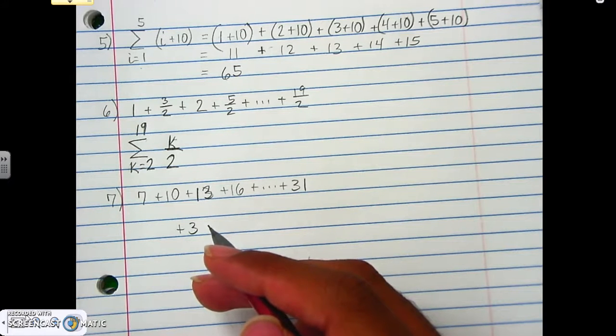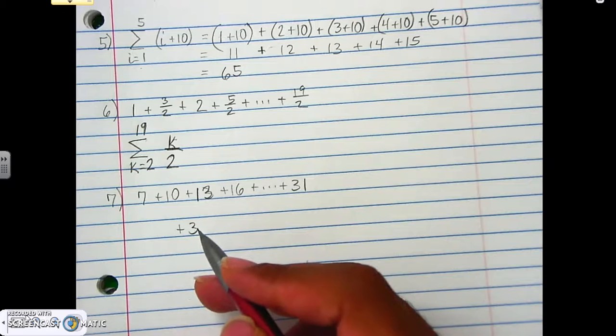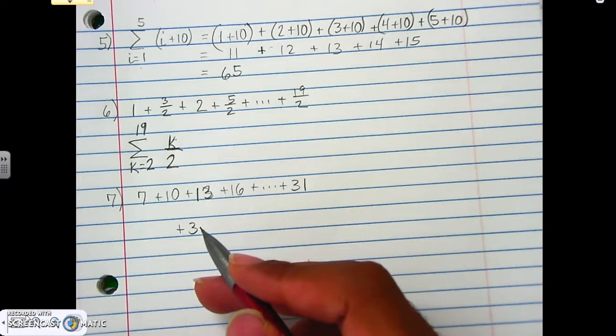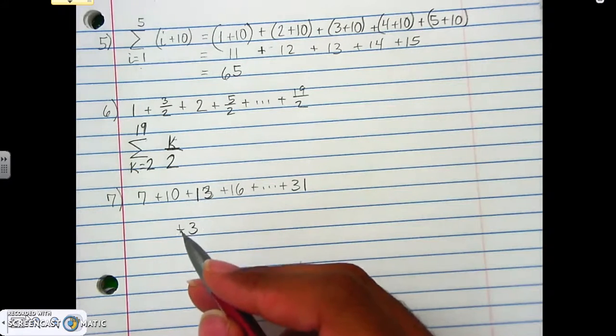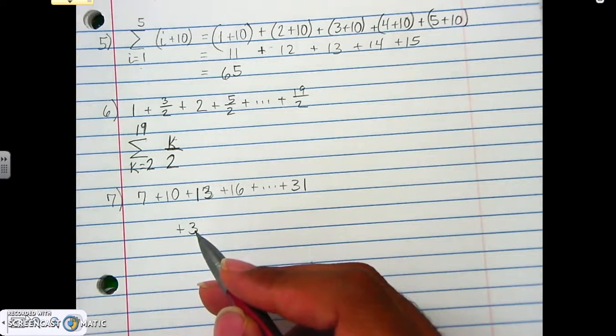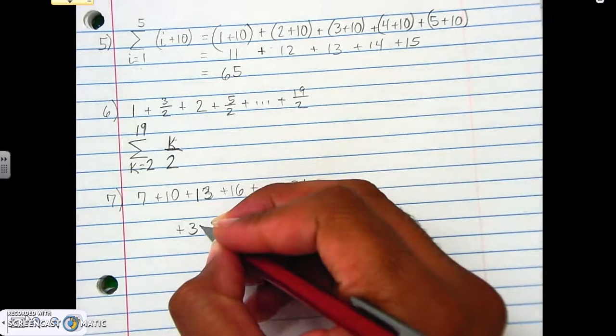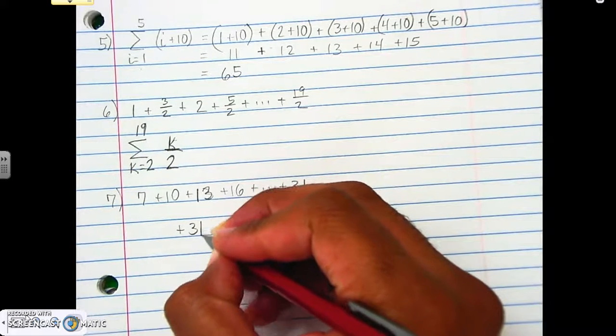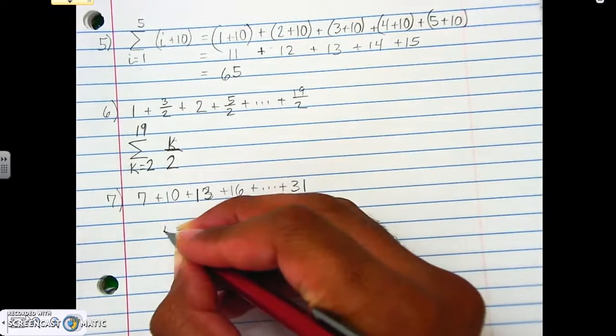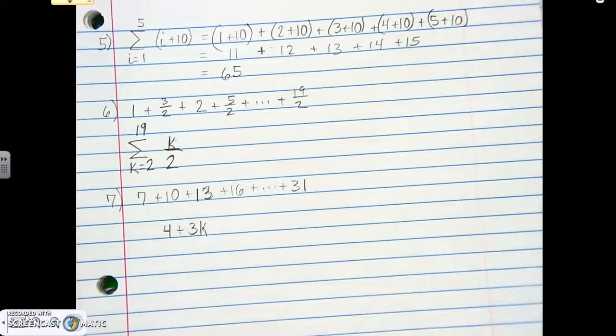That gives us 6, and then 6 plus 4 is 10. And then if we do it with 3, that'd be 3 times 3, which is 9. We add 4 to it, that gives us this. Hey. So here, we can say 3 times k, and then we add 4. That could work.